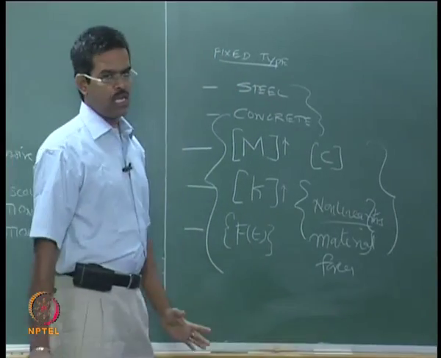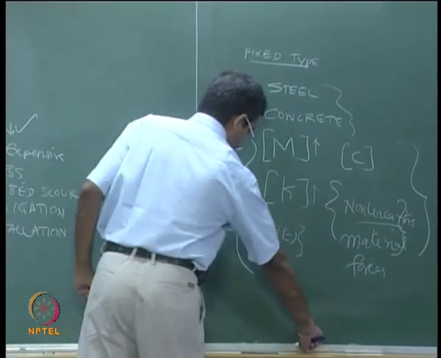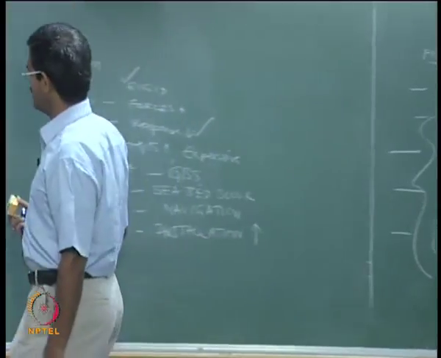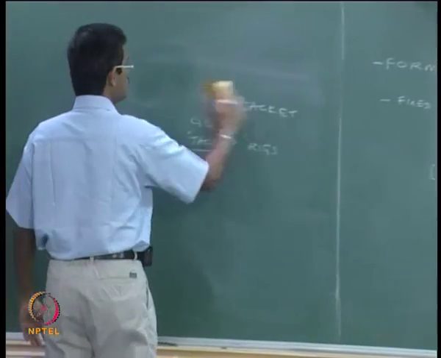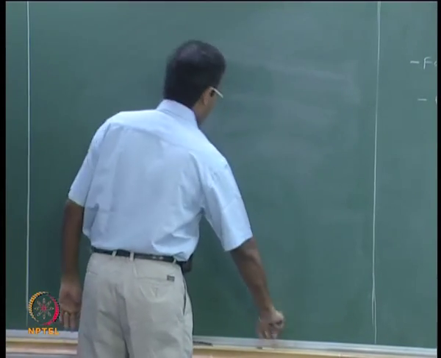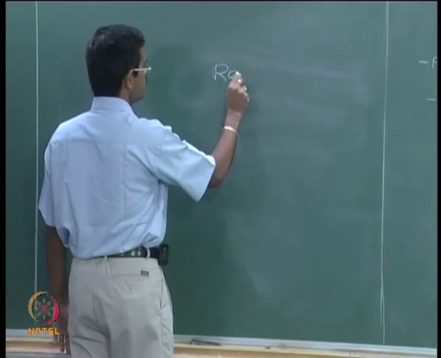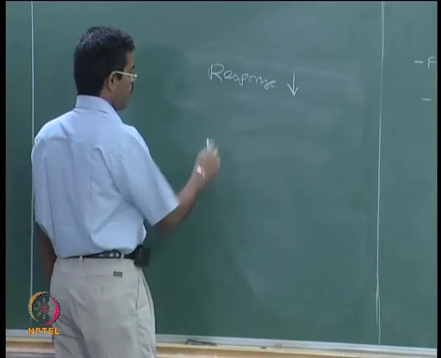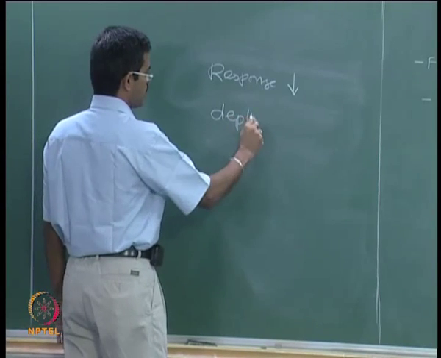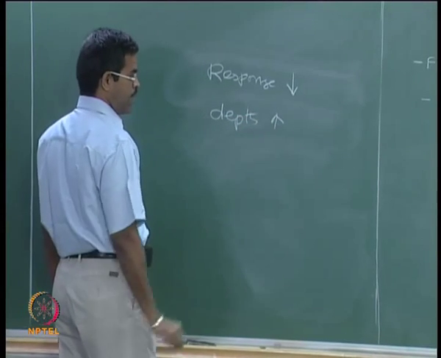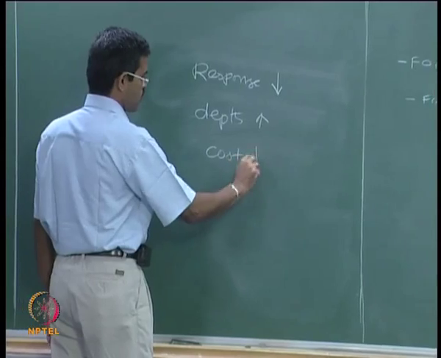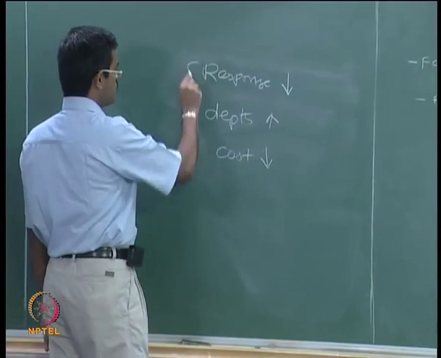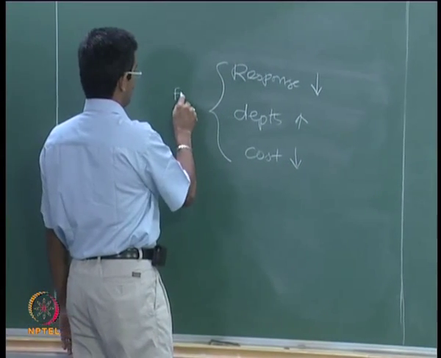Now, interestingly, we summarized one important concept in the last lecture: if I want to reduce the response for increasing water depth, as well as reduce the cost, I should not go for fixed type.